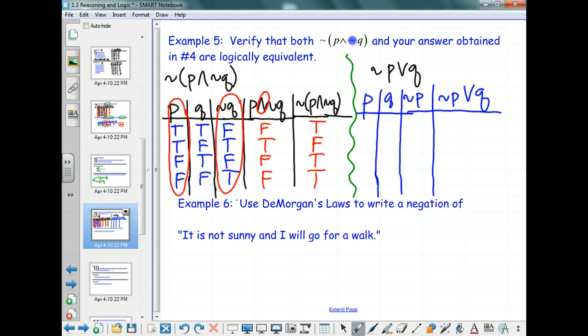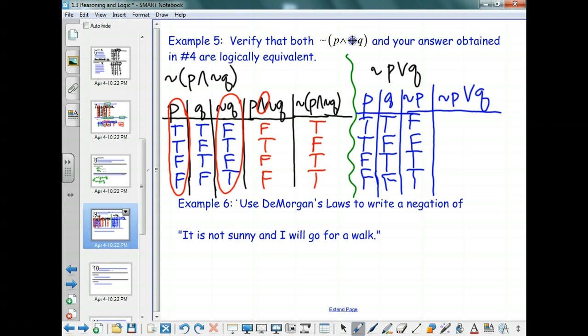Agreed? All right, what's column P going to say? True, true, false, false. How about column Q? How about tilde P? False, false, true, true.